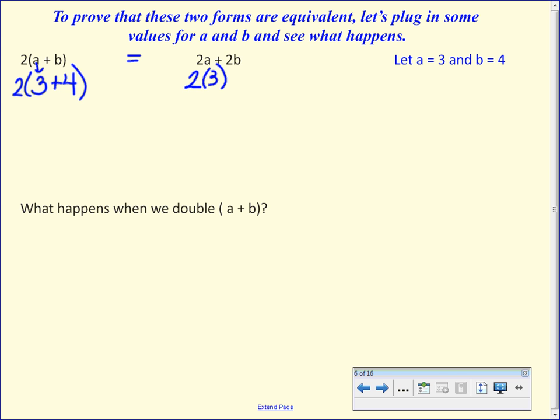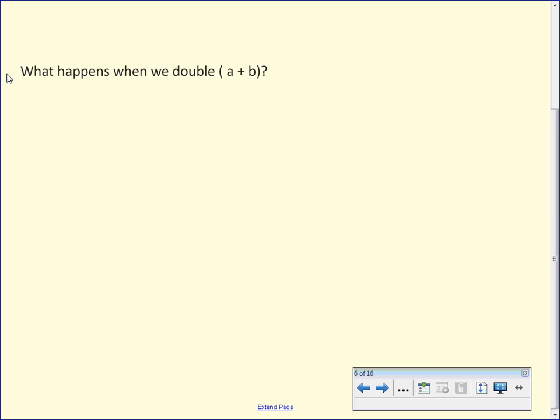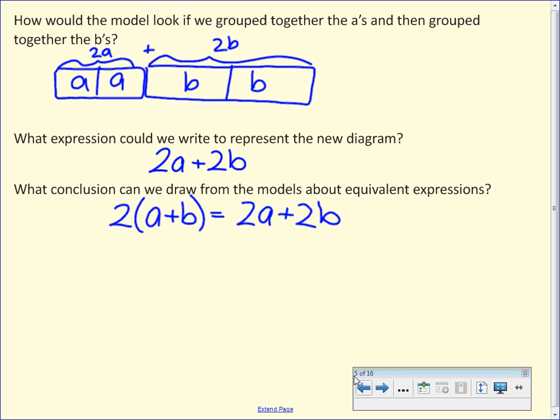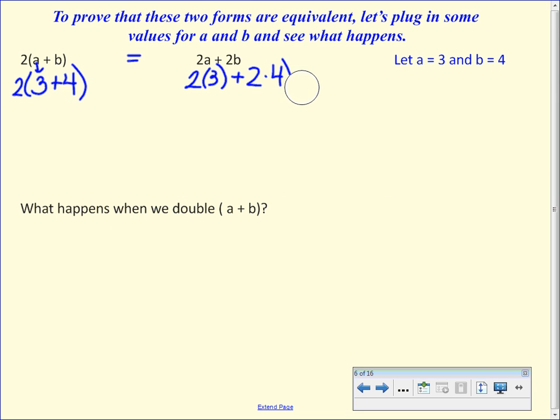So I'm going to replace my A and replace my B. If you want to use parentheses, you can use parentheses. If you want to skip a couple pictures, you could skip a couple pictures. If you want to use the dot, you could use the dot. Now we just use good old-fashioned order of operations to solve that, and hopefully they will be equivalent.